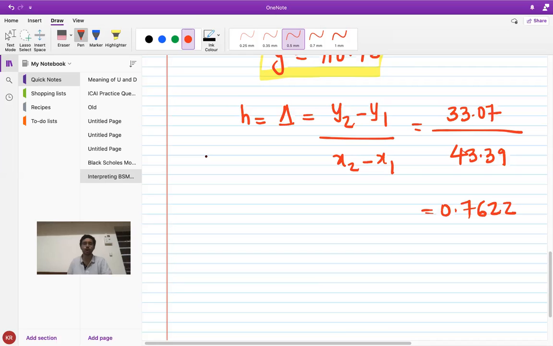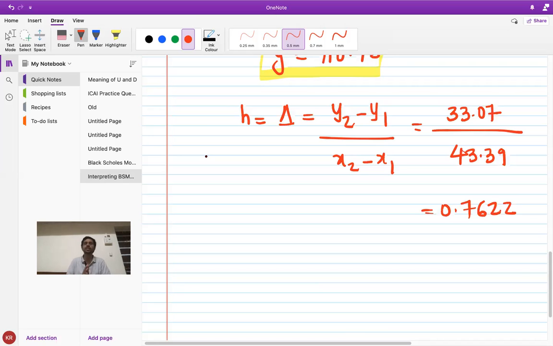The value of the call option today should be equal to the cost of the replicating portfolio. So the cost that a call option buyer will incur today should be equal to the cost of the replicating portfolio. Reason being, both of them have the same payoff in future. This payoff can be either 33 or 0. When two securities have the same payoff in future, today they must have the same price.